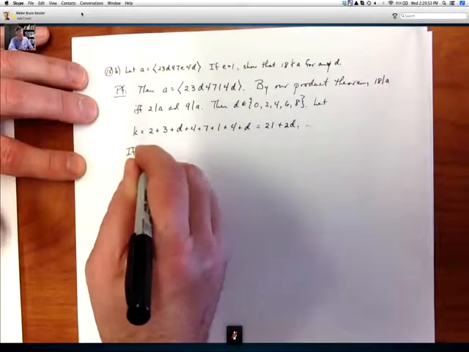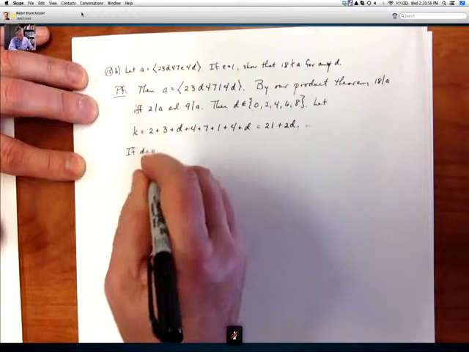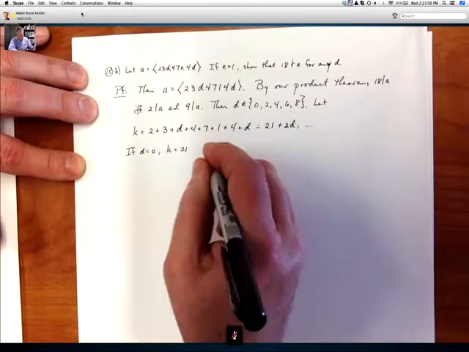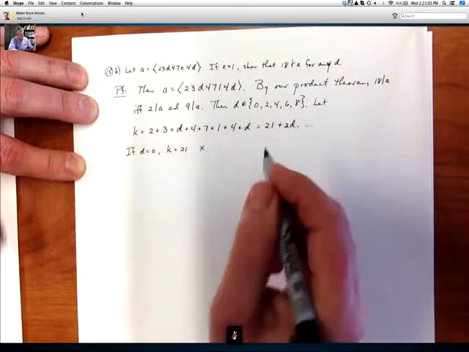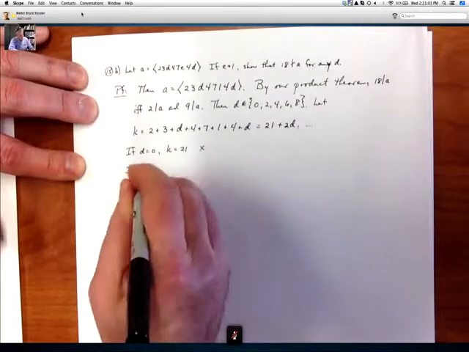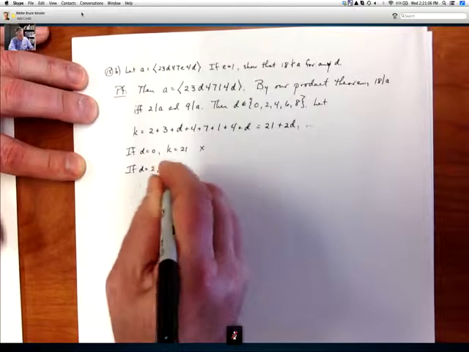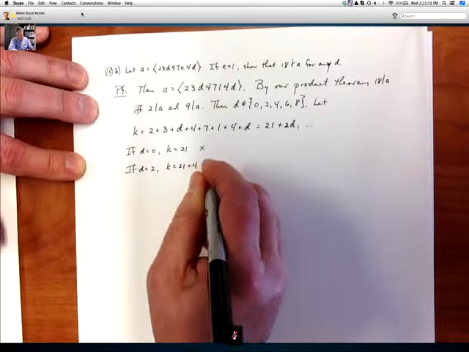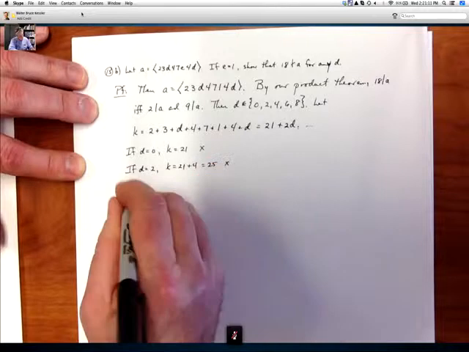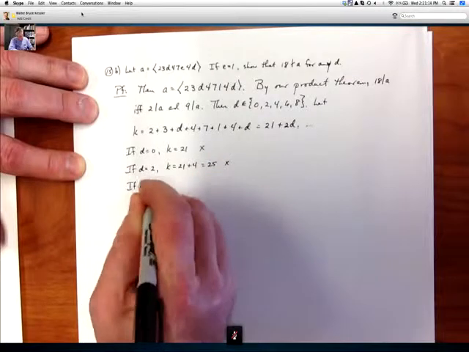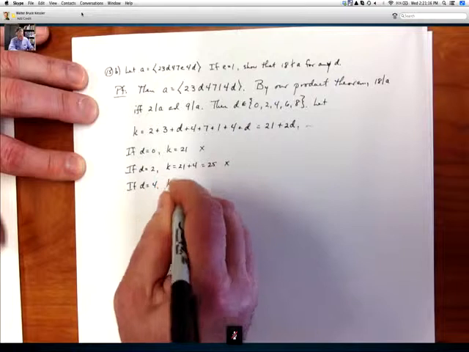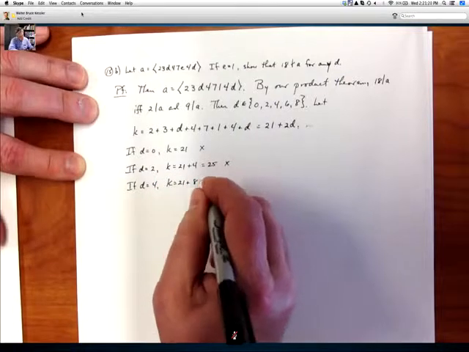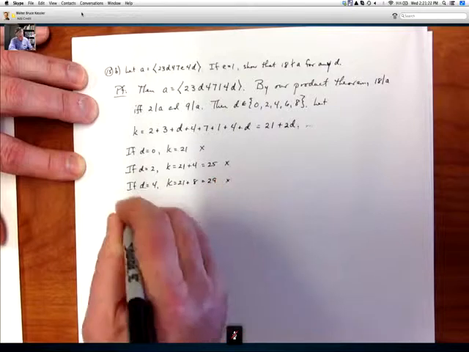So you got 5 cases, just check them. If D is 0, then K is 21, and that's not going to work. It has to be divisible by 9. If D is 2, then this is 21 plus 4 equals 25. Nope. If D is 4, this is 21 plus 8, which is 29.